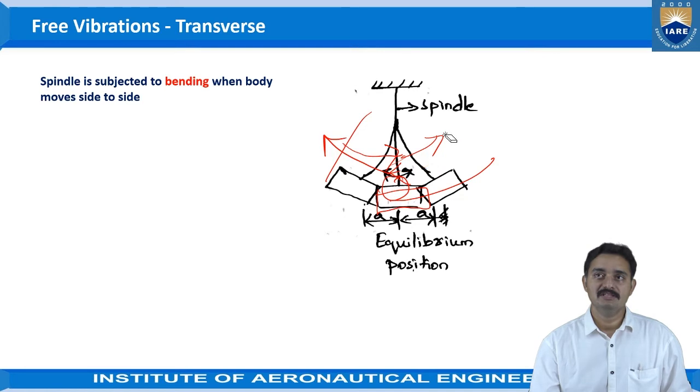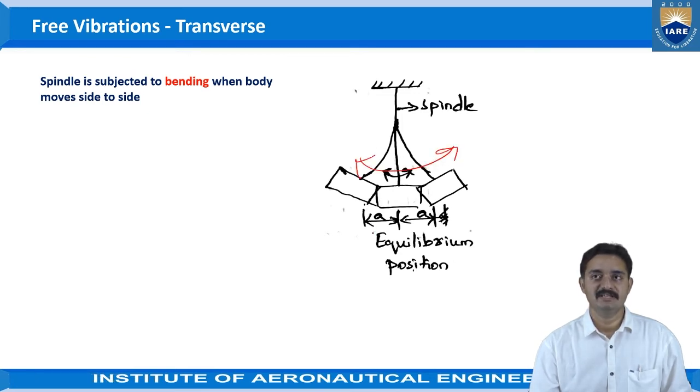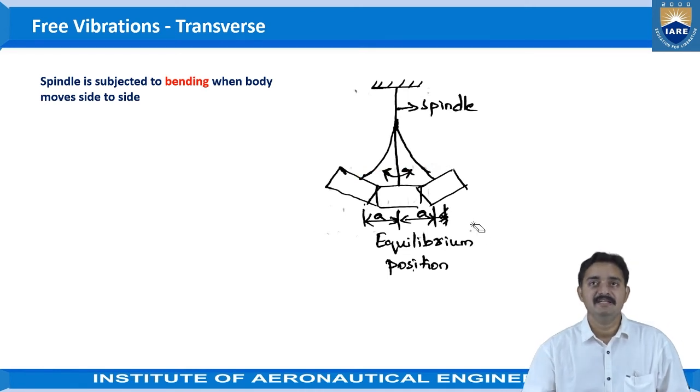In this way, the spindle will be under bending, as this object moves to and fro in this direction. So we can say the spindle is subjected to bending when the body moves side to side.